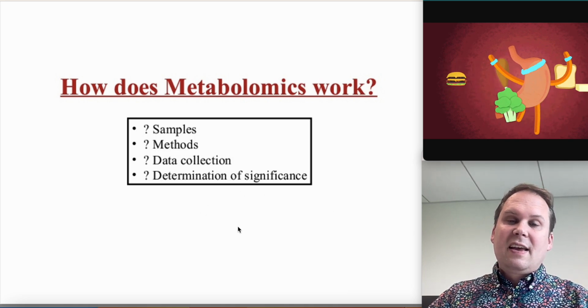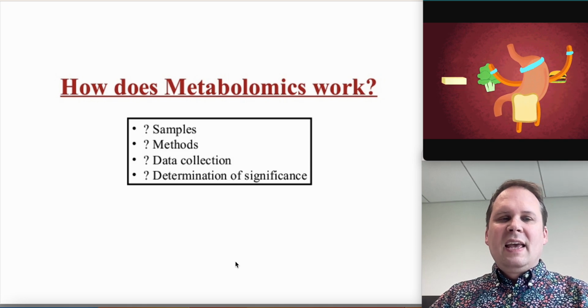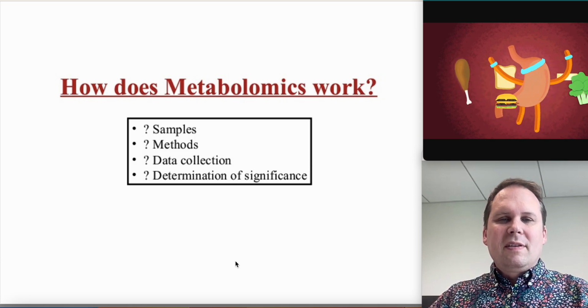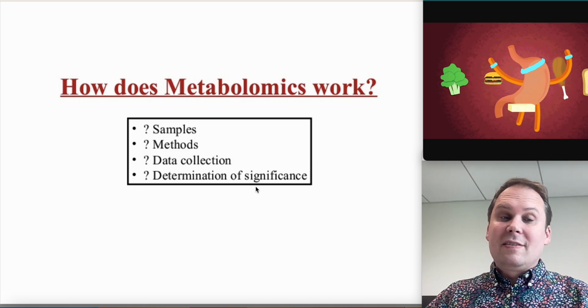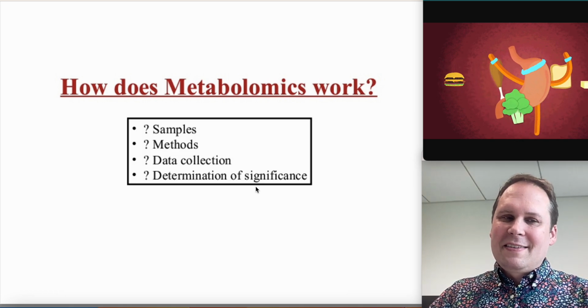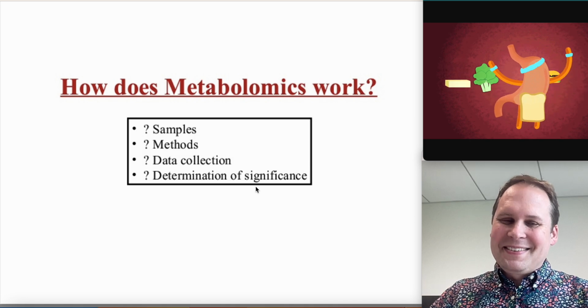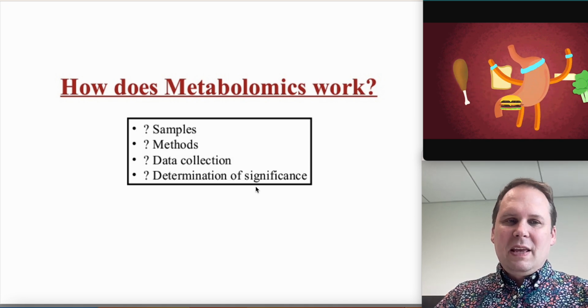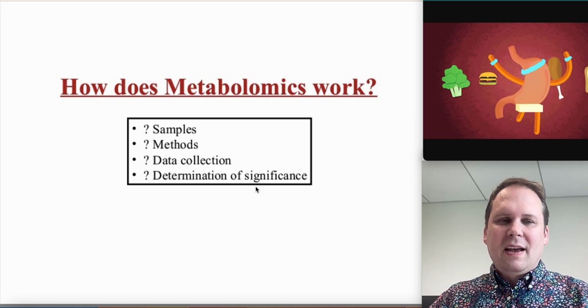Then you're going to collect your data and then you're going to try and figure out, is this difference meaningful? And whenever you see the word significance in a science, if people are being careful, and that's kind of your job as a scientist to be careful, it should mean a statistical test is behind it.